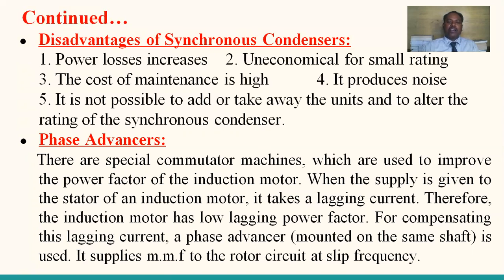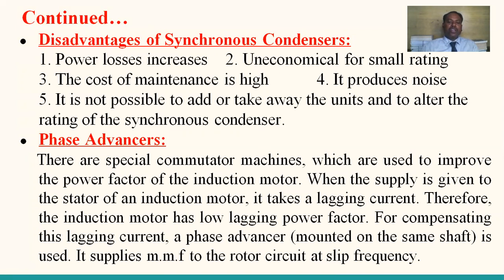There are special commutator machines. Phase advancers are special commutator machines which are used to improve the power factor of the induction motor. When the supply is given to the stator of an induction motor, it takes a lagging current.